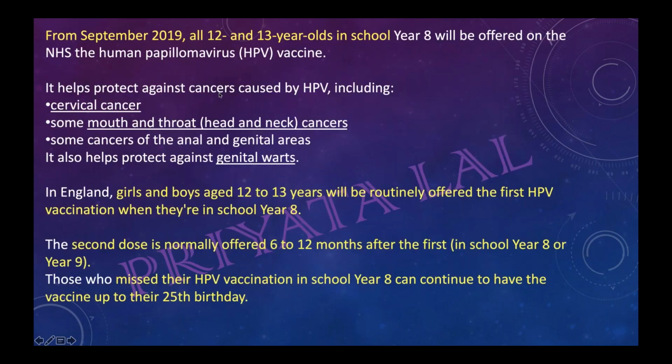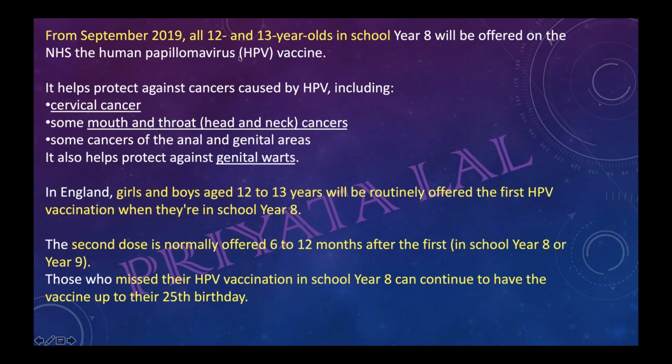Now this part, what you have to remember. From September 2019, all 12 and 13 year old boys and girls, that is school year 8, like our 8th class in India, so they will be 12, 13 years, will get the HPV vaccine according to the NHS vaccine program.